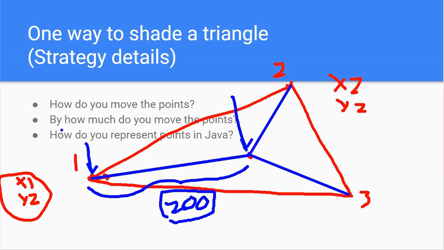Then how much to move the points by? Well, you'll have a loop that goes from 0 to whatever length, in my case 200, and you'll have a starting location of vertex 1, and then plus the percentage of the way you are along this line. So at first, it'd be the original location plus basically 0% of 200, which keeps you there.